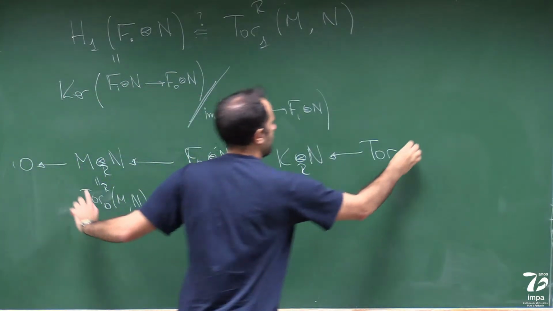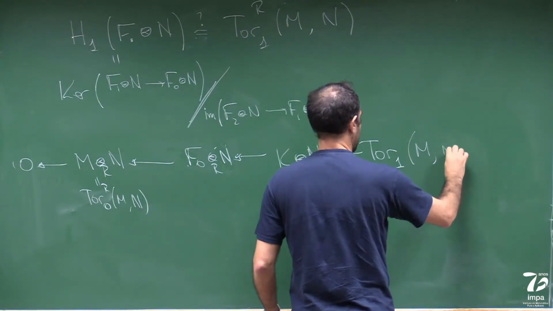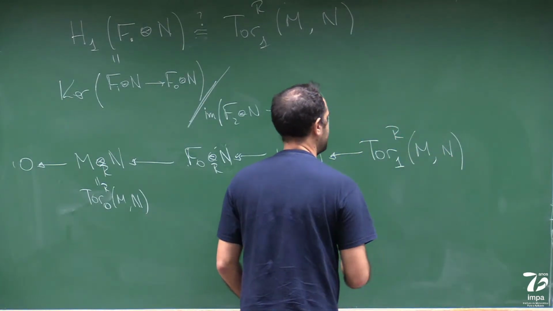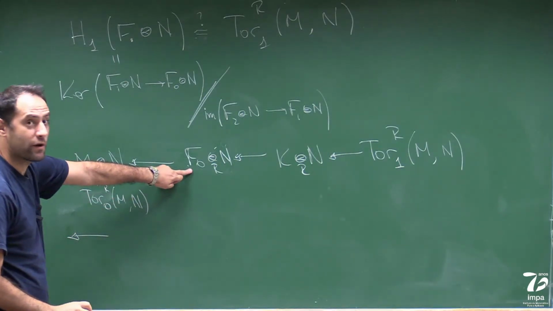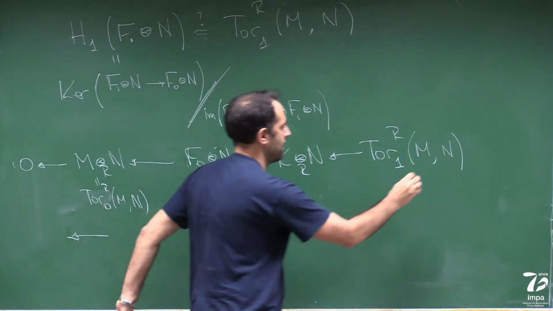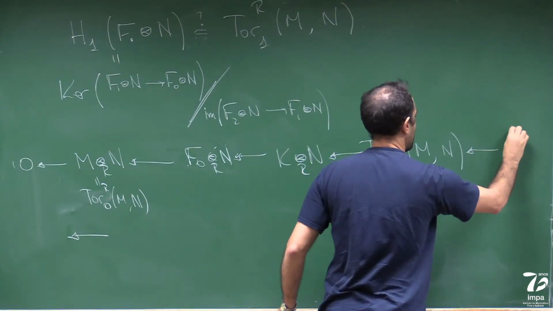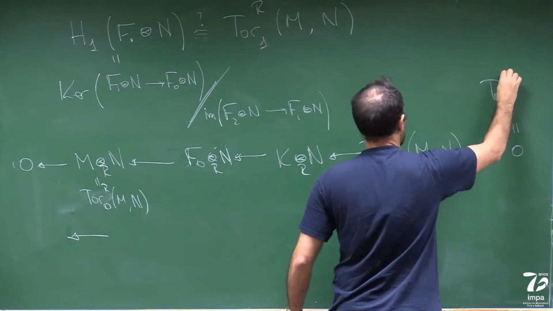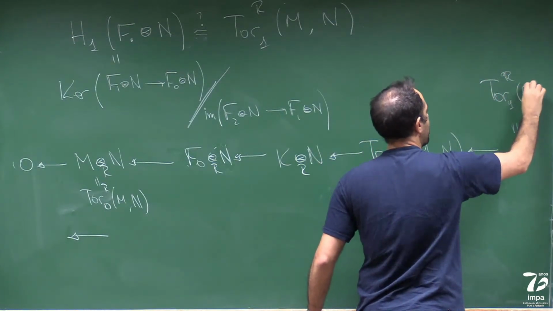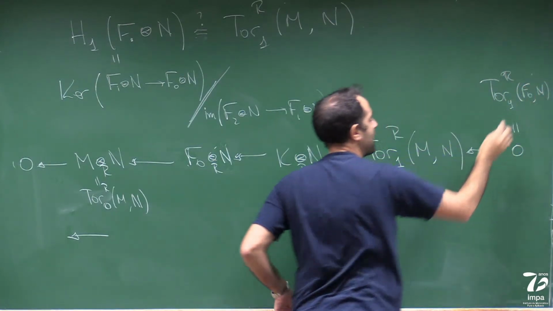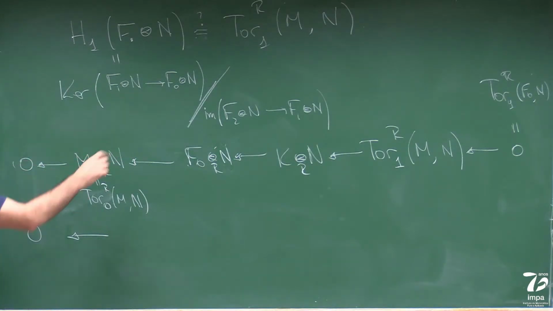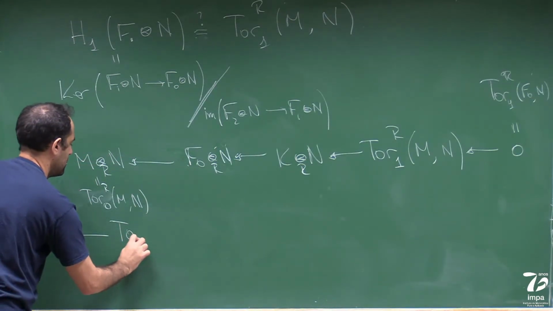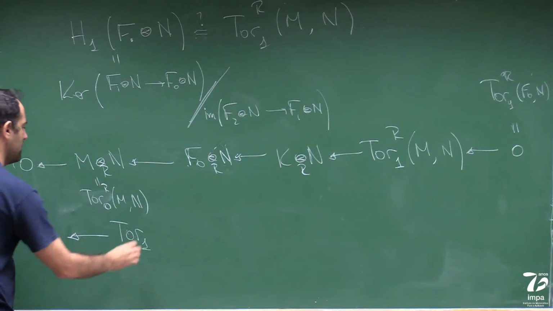The Tor 1 of M, N over R. And now I have Tor 1 of this guy, which is 0. This is because this is Tor 1 of F0, N. And F is flat by assumption. In general, I'm going to get, well, that 0 is that 0 there.